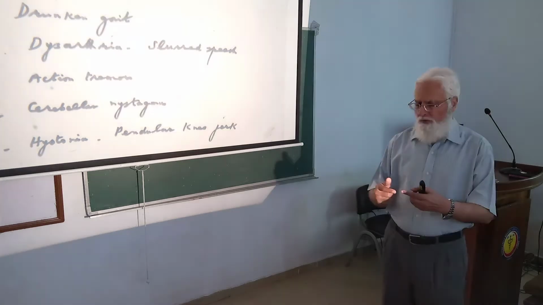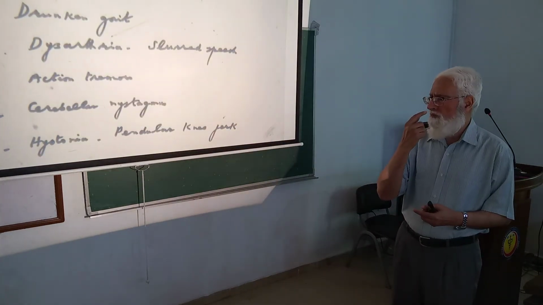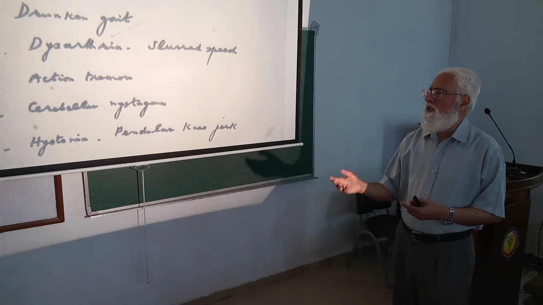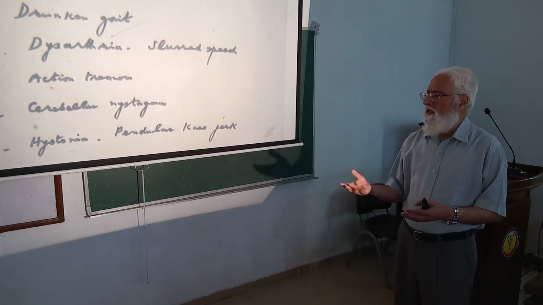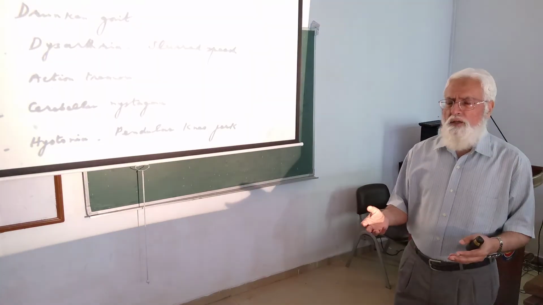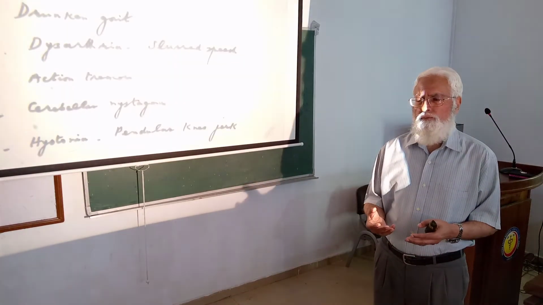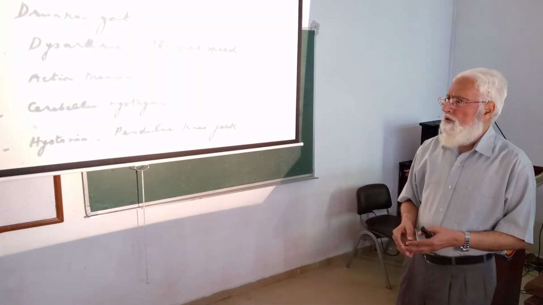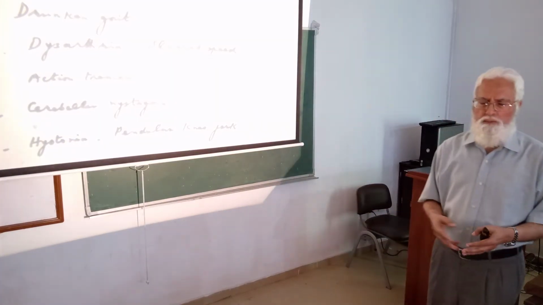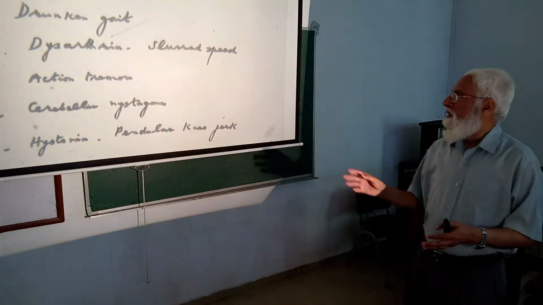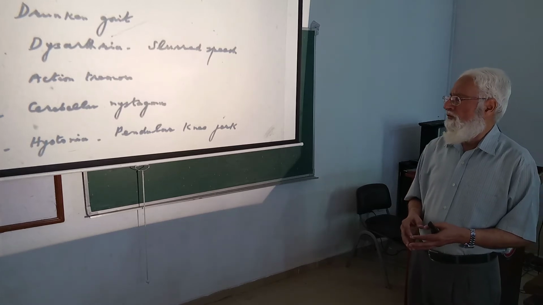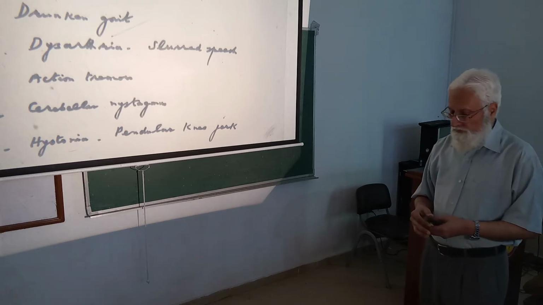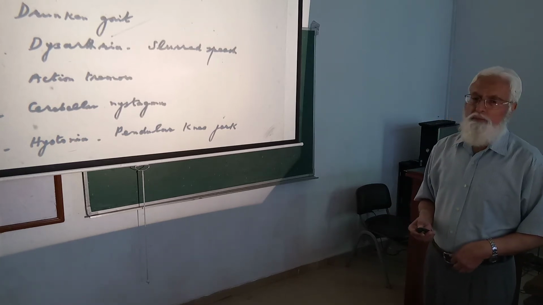Other tests include the finger nose test, demonstration of adiadochokinesia, pendular knee jerk, and the patient is asked to walk on a straight line. Right? You can perform the Romberg test. So these are the cerebellar function tests which you can perform. You must have carried out this experiment in the laboratory. So this was about the features of the cerebellar disease.